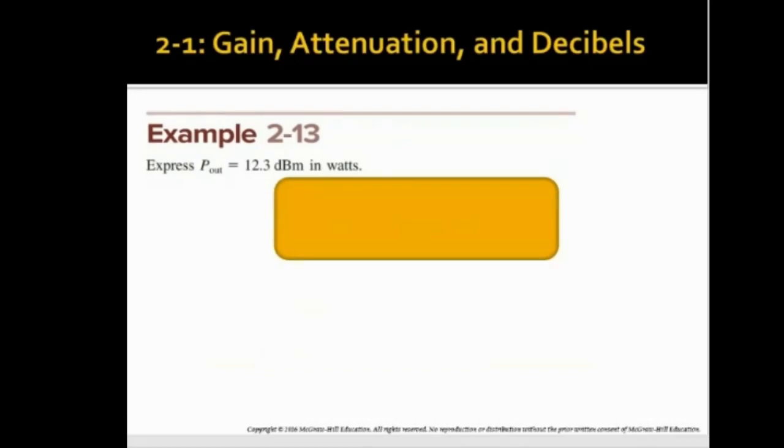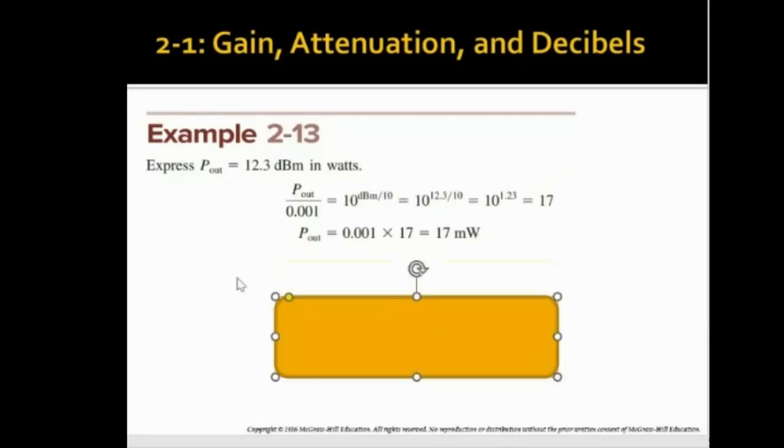I have one more example. Express P out equal to 12.3 dBm in watts. If you want to show this in watts, what is the value? The equation of dBm is 10 log P over 1 milliwatt.